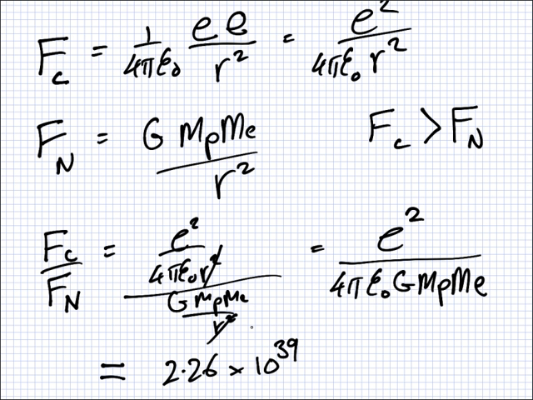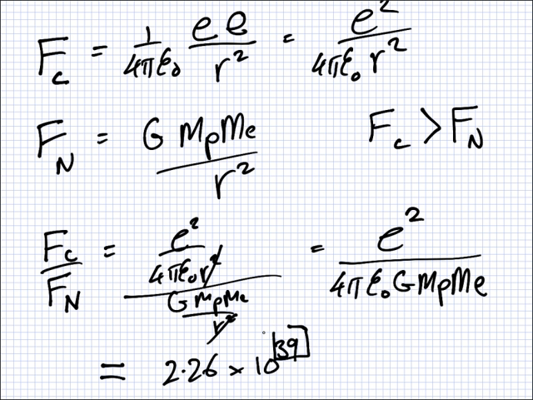Just checking on this website, it says for the electron and the proton, the gravitational force is 39 orders of magnitude weaker than the electric force. That's this 39 here. So that's correct. You're talking about 39 orders of magnitude.